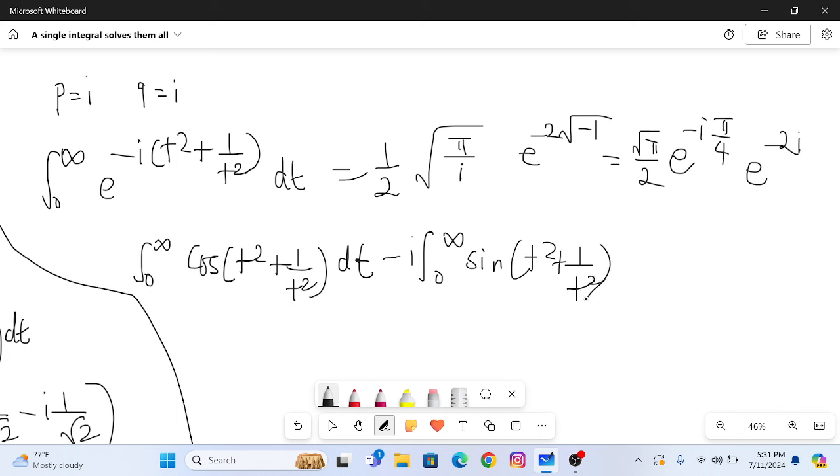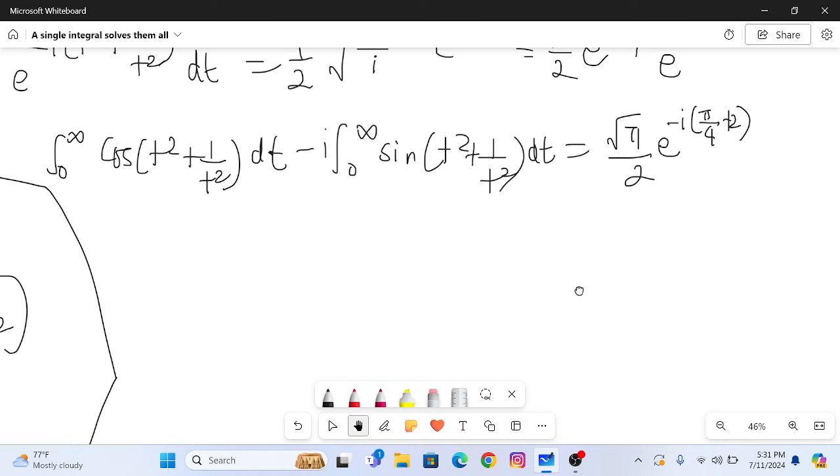Now from the right hand side this is equal to root pi by 2 times e to the power minus i times pi by 4 plus 2. Now again, just as usual, we will compare the real and imaginary parts, which gives us the integral from 0 to infinity of cos of t square plus 1 by t square dt.